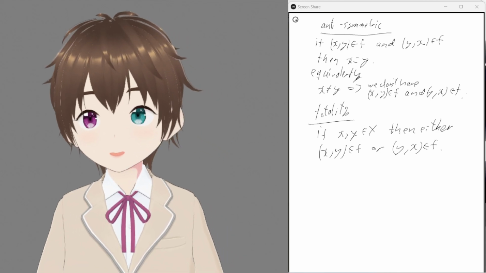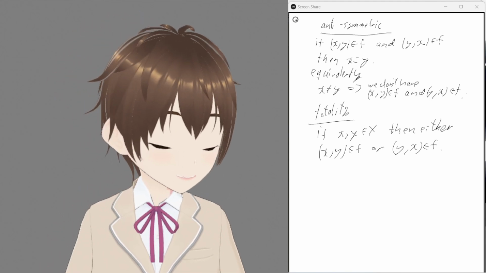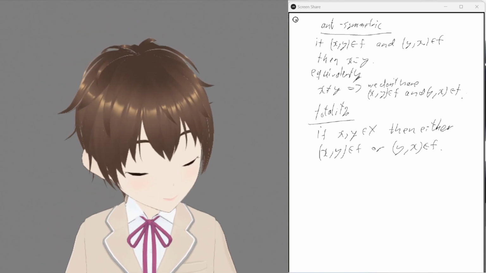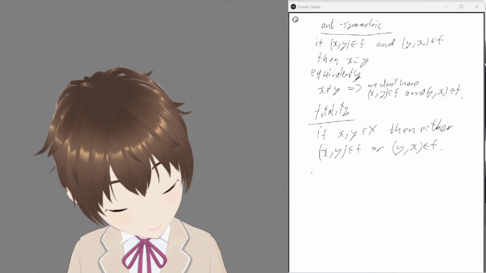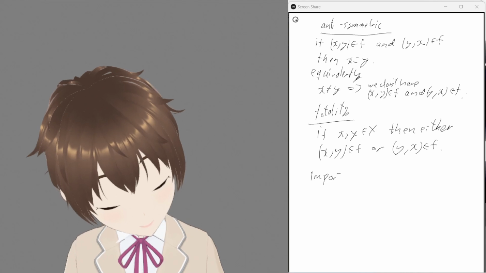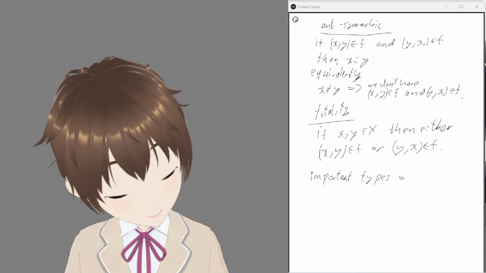And the last one I want to talk about is being well-founded. But to do this, I want to talk about sort of the other orders first, so it makes more sense. So, important types of relation.